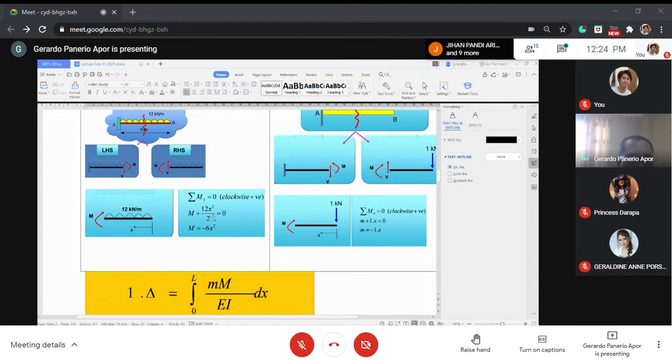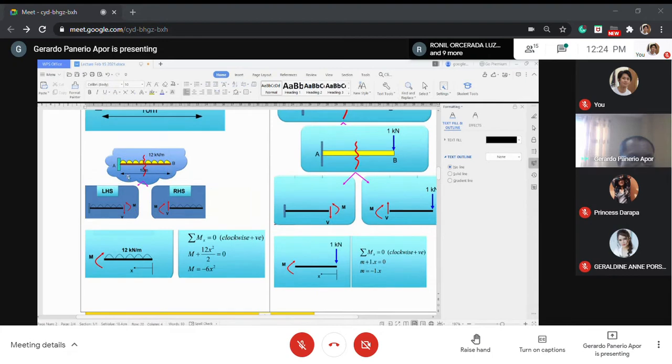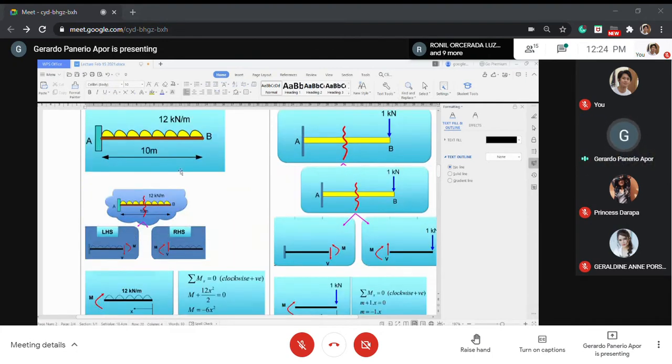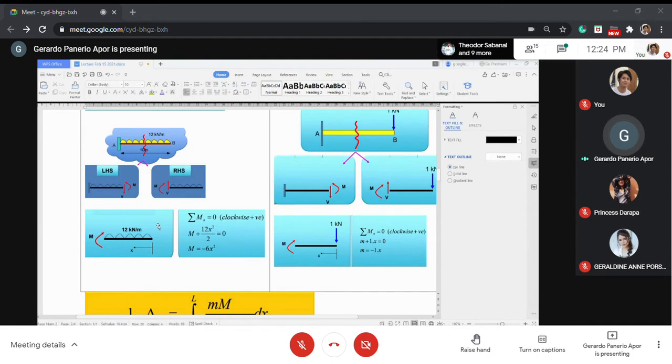That's why it becomes 12x squared over 2. Or if I transfer this to the other side, this will become negative 6x squared. I am free to use a limit 0 to 10, so that covers the whole length already. So there is no need for separate segments, because you can apply this moment equation from 0 to 10.